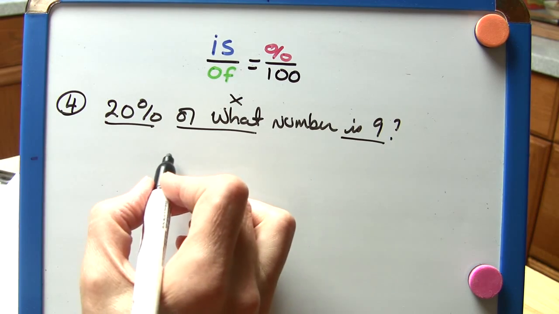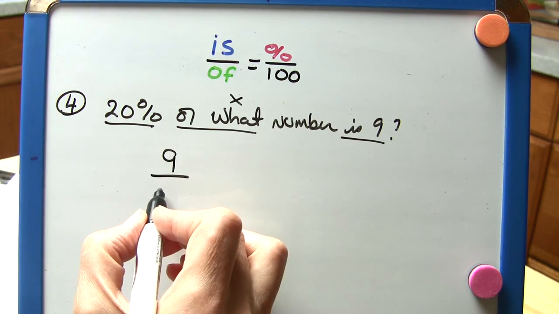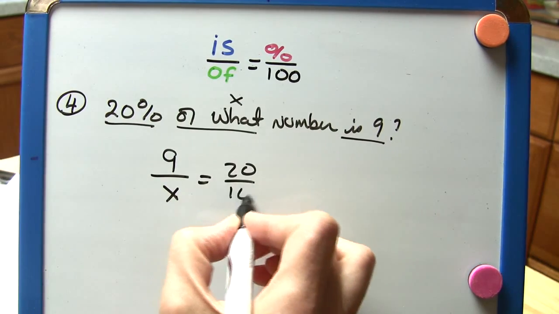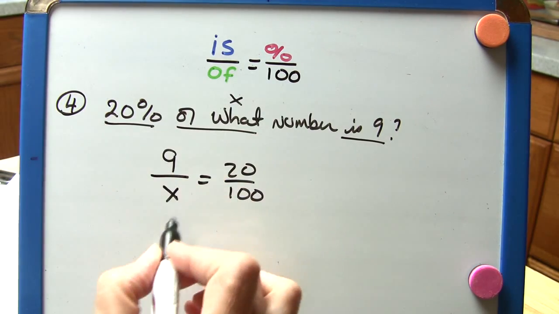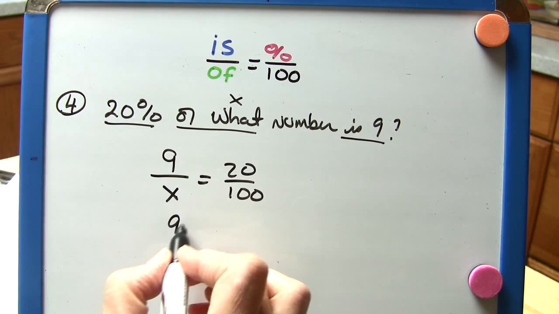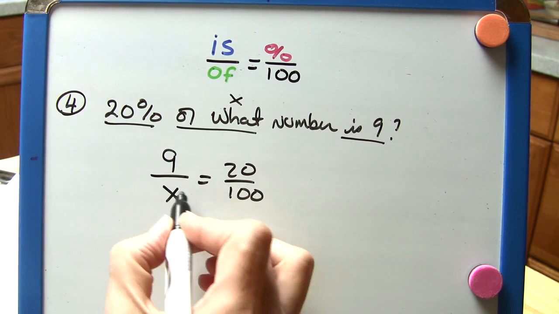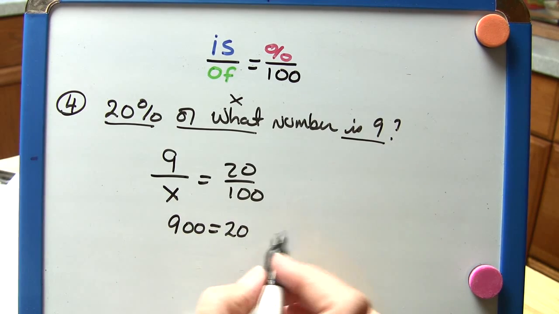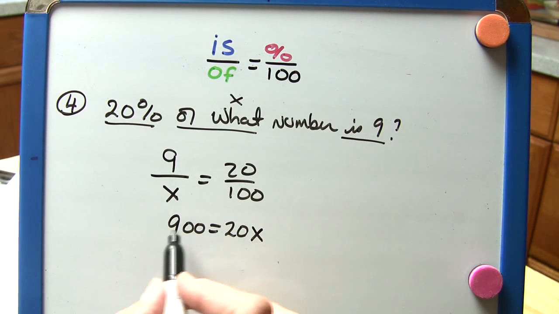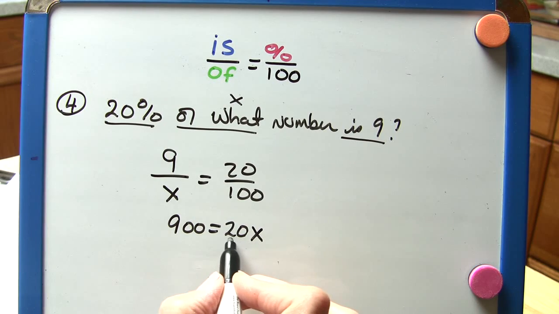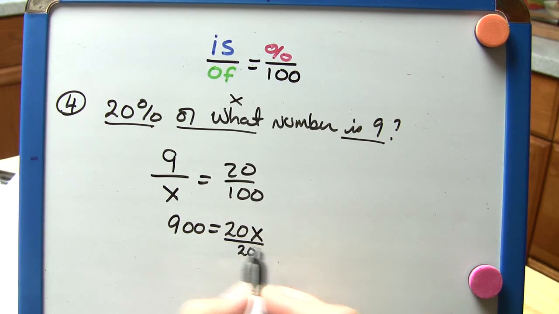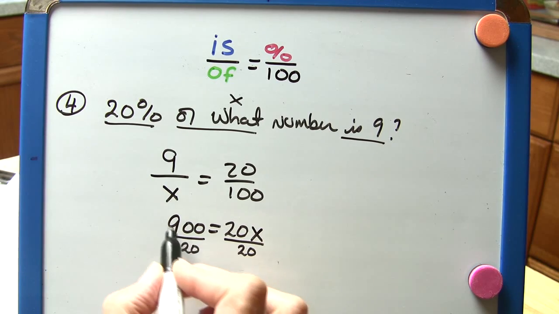Alright, so 9 over x equals 20 over 100. 100 times 9, we can do that in our heads, that's 900, equals x times 20, or 20 times x. We don't really need that multiplying sign in there. Okay, 900 is 20x. To get x by itself, I'll do the opposite of the multiply here, which is division, so divide both sides by 20.